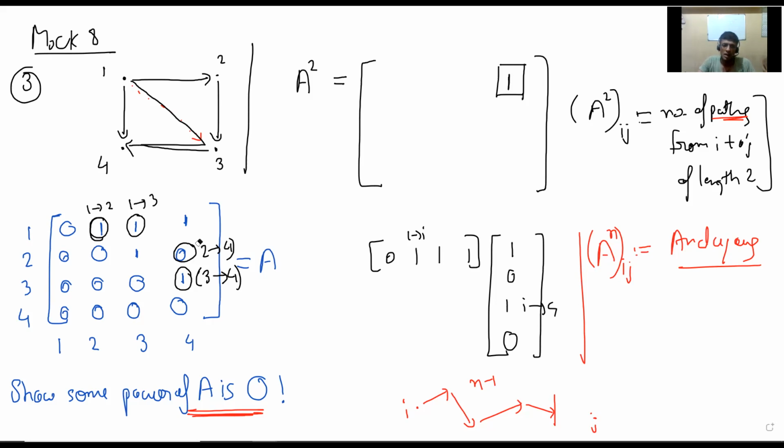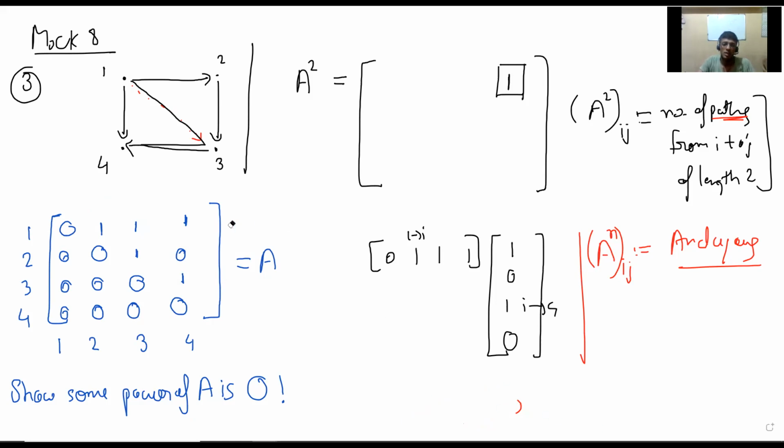Okay. Now, as a further challenge, what you can try is the following. Let me not say the graph theory question, because that's easy now. But what you can think of is any matrix in which there are only zeros on the diagonal and below.